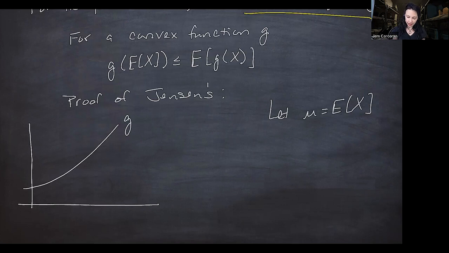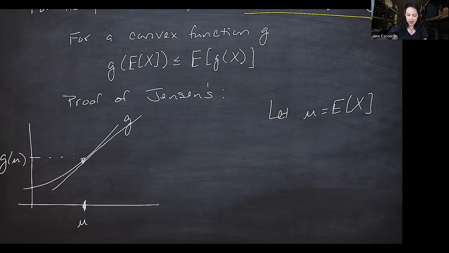So that's somewhere on the x-axis. Let's say it's right here. And then the point from g is g of mu. Because it's convex, or concave up, if I make a tangent line at that point, that line will always be below g.